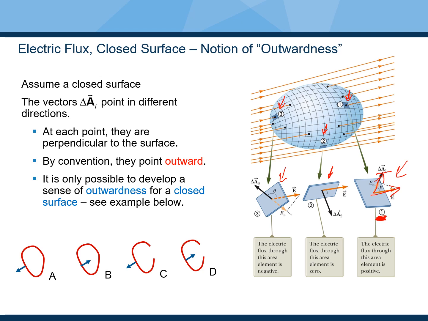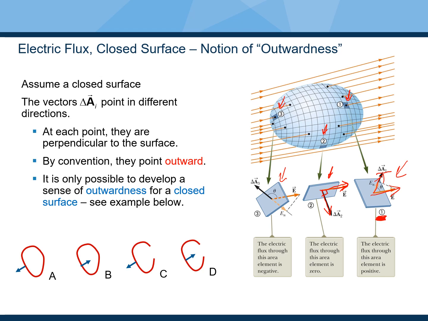Now let's focus on infinitesimal patch number 2. The outward pointing normal is in this direction, and the electric field is in this direction, and the electric field and the outward pointing normal are exactly perpendicular to each other. This tells us that the dot product of the two is exactly 0, and therefore the electric flux through this area element is exactly 0.